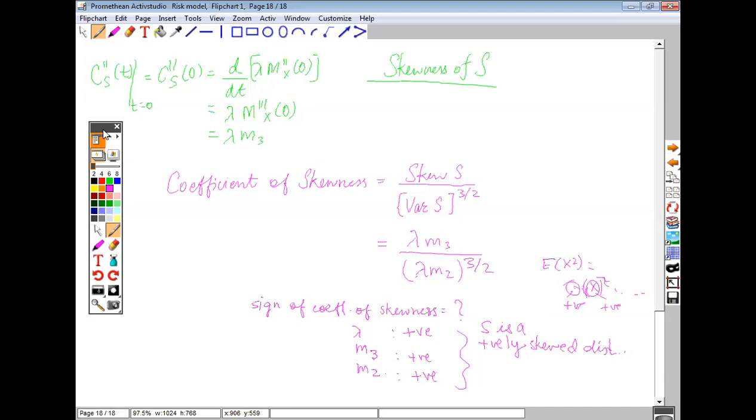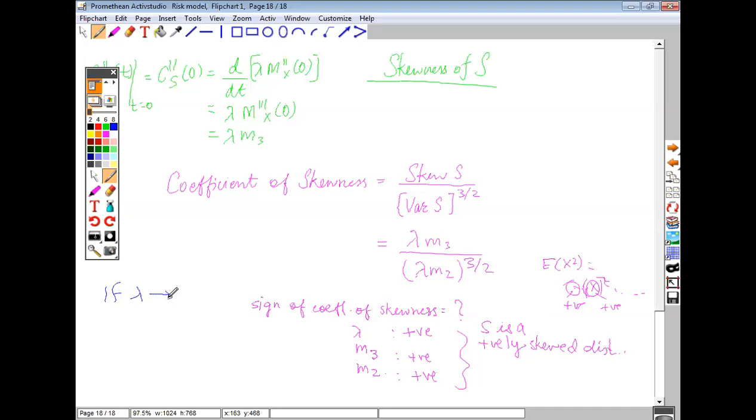So let us say lambda goes to infinity, then I have lambda m3 in the numerator and lambda raised to 1.5 m2 in the denominator.